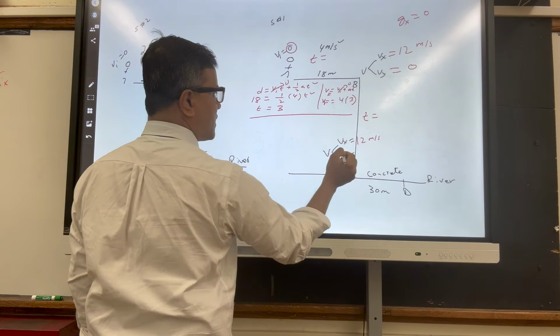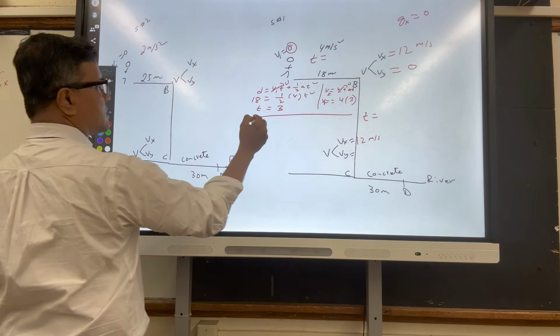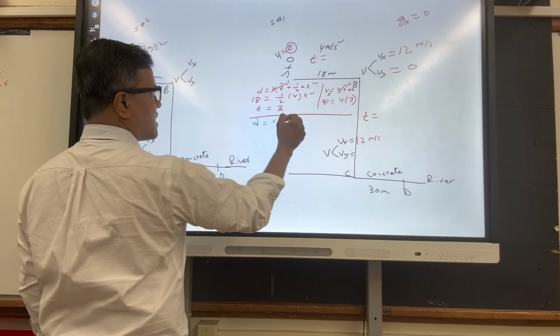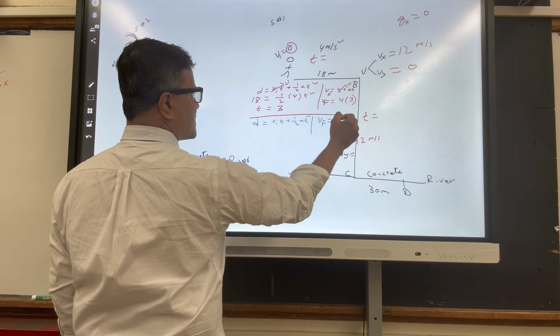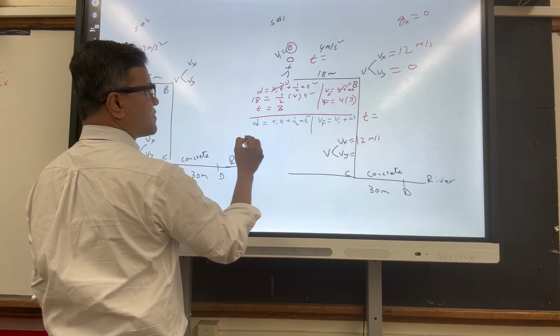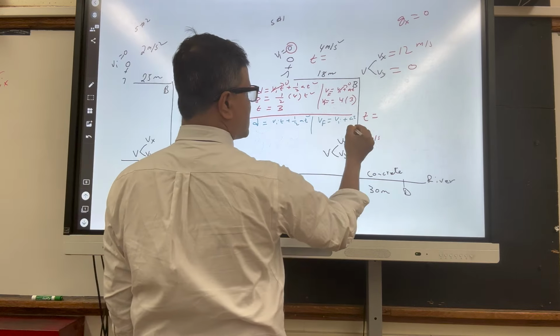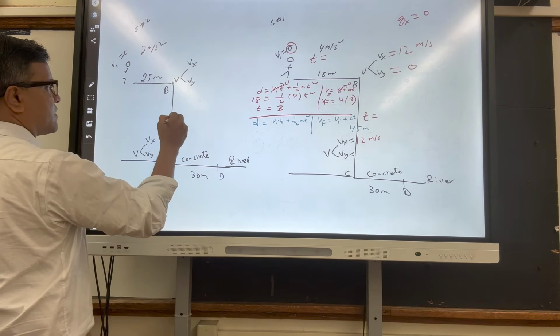Now, Vy over here, let's see. Again, we're going to use the same way to find it. D is equal to Vit plus half at squared, and then Vf is equal to Vi plus at. Now this time, the distance from B to C is 45 meters.